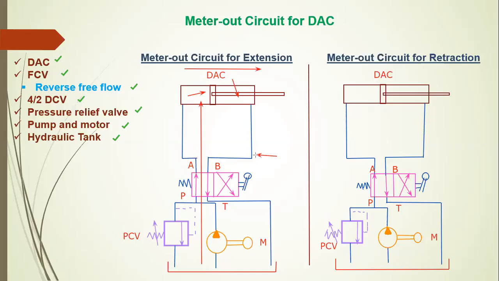This line is mentioned as out, and this line is also the out condition. So we attach the FCV at the out condition of the actuator. That circuit is called a meter out circuit for speed control. One FCV we have to attach here.